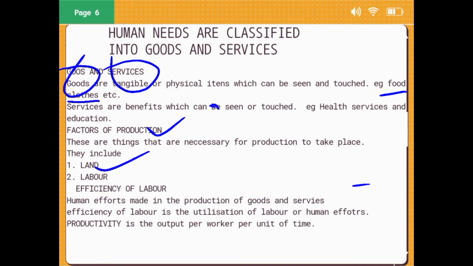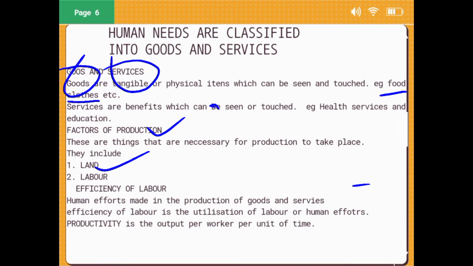For example, agricultural areas, natural grasslands, deserts, oceans, lakes, mines. Those things are naturally found on earth. The minerals, you find those things on earth.